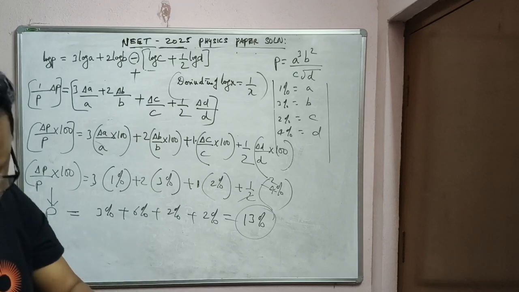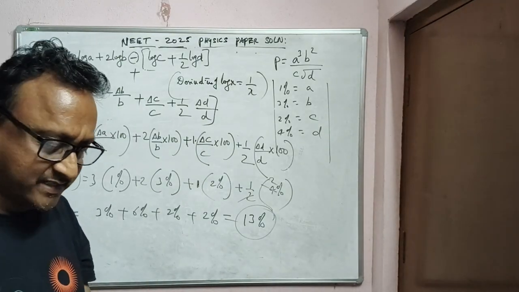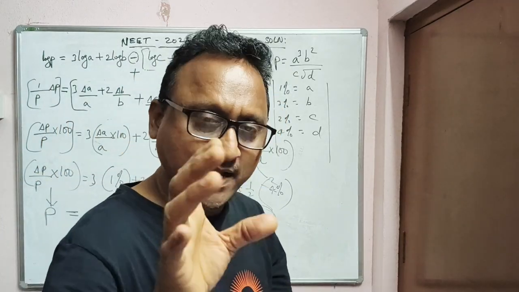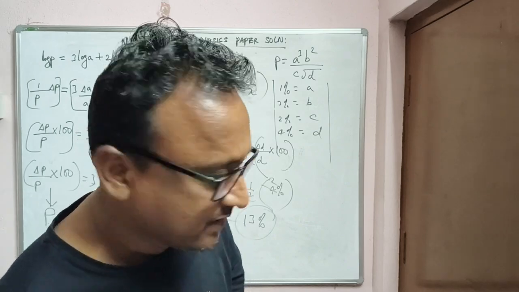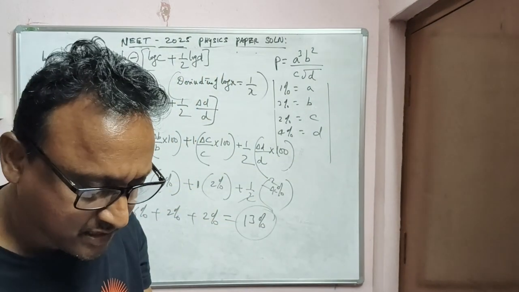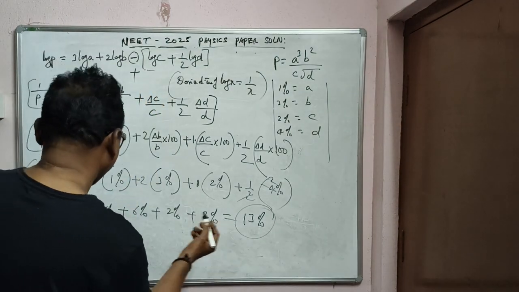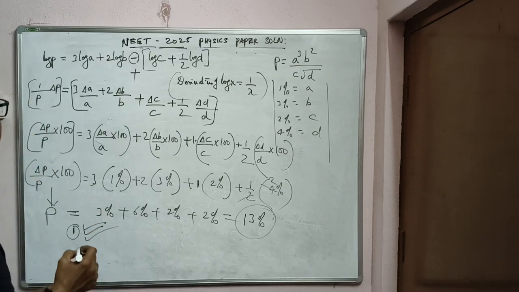You have some answers given, I think: 1%, 13%, 15%, 10%, and the fourth one, 2%. So the answer will be 13%. I think in your given choices, the first one will be the right answer.